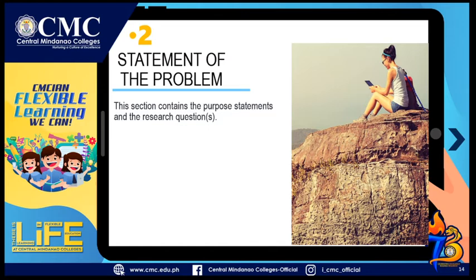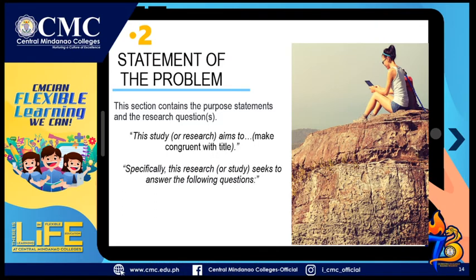This time, paano tayo gumawa ng statement of the problem or SOP? Paano gawin yung mga questions? So, ganito yan. This study or research aims to, blank, make it congruent with the title. Dapat, ang research at ang question, naka-congruent dito sa title.